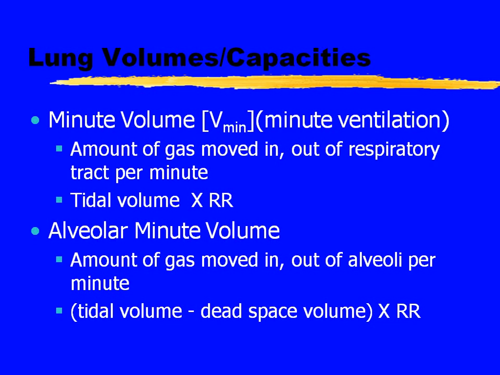Okay, minute volume, VM, MIN: the amount of gas moved in respiration, so basically tidal volume times respiratory rate. If we want to find alveolar minute volume, we take tidal volume minus dead space, times respiratory rate. Little word of advice: always be familiar with equations.